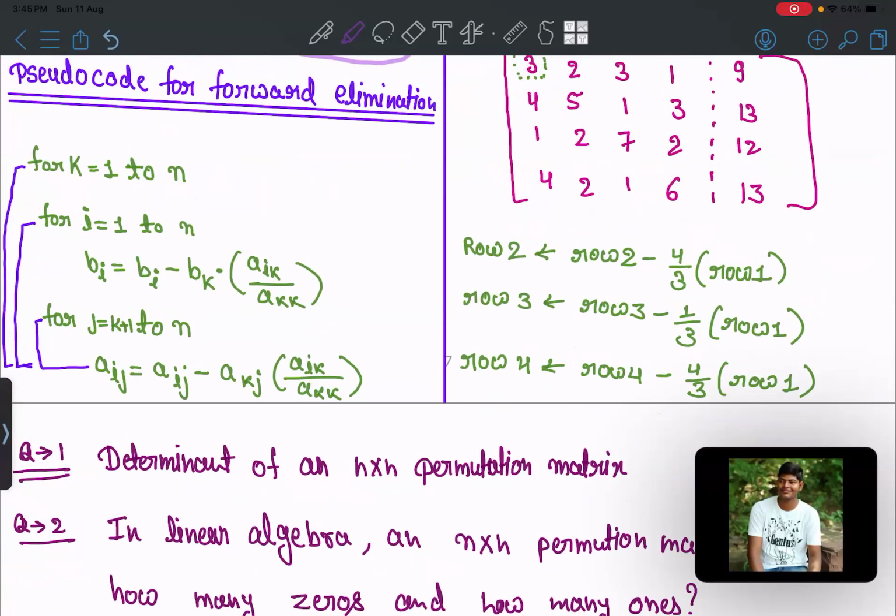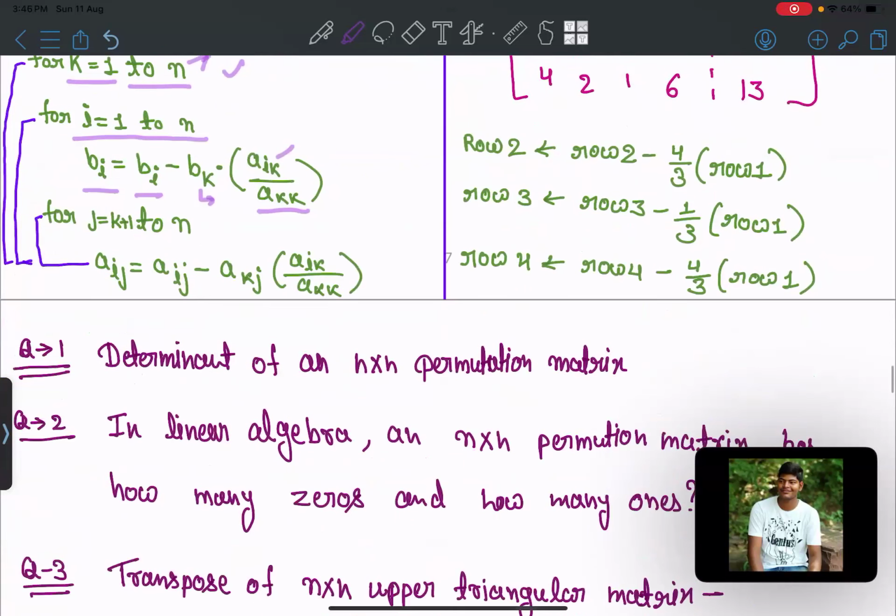This can be represented as pseudocode: for k equal to 1 to n, where n is the number of equations. By k, we are selecting the pivot element. Then for each row, we replace Bi with Bi minus Bk multiplied by Aik divided by Akk.